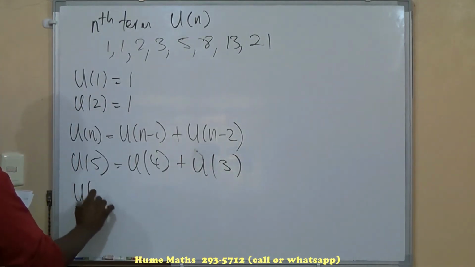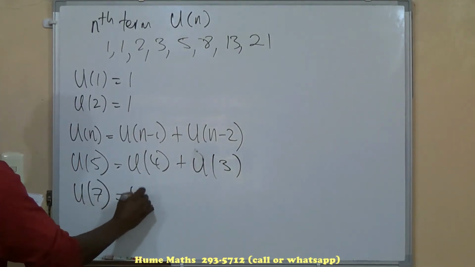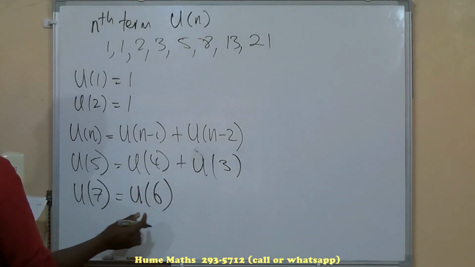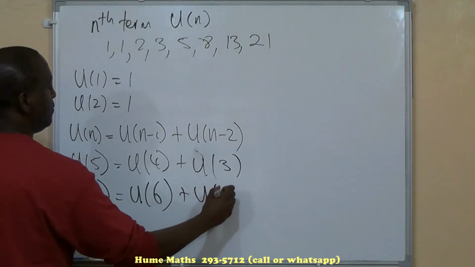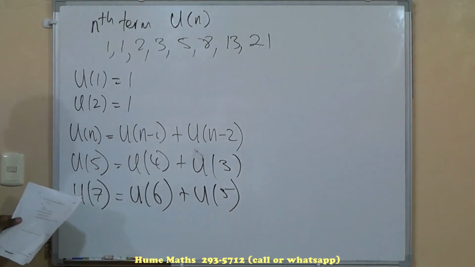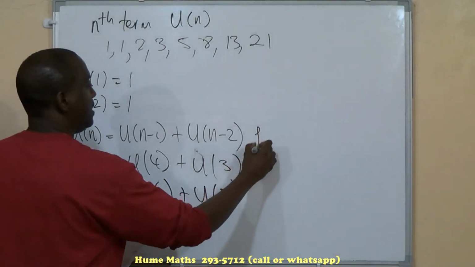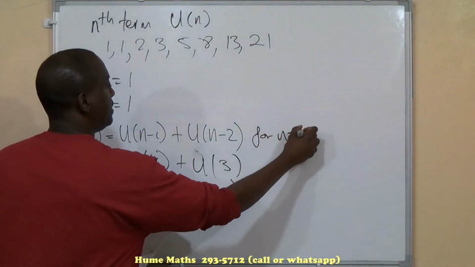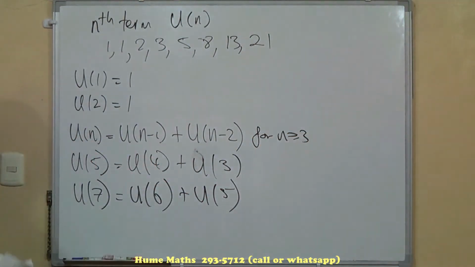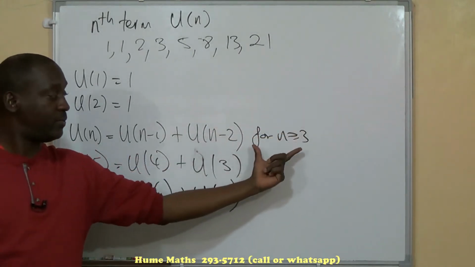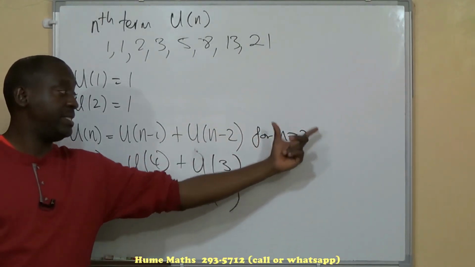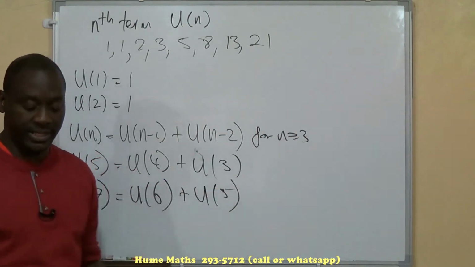And then they went further now and they said that u7 therefore is u6, 7 minus 1 is still 6, plus u5, 7 minus 2 is 5. And they give a particular condition here for n greater than or equal to 3. Right? We don't need to talk too much about this now. There will be other questions where we'll have to go into more detail about these kinds of conditions. But for now, we could ignore that.